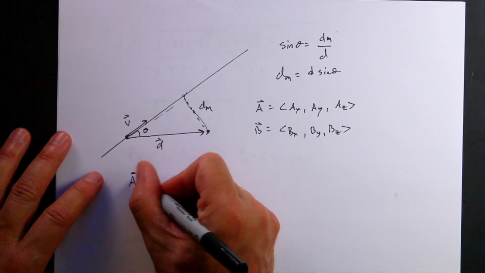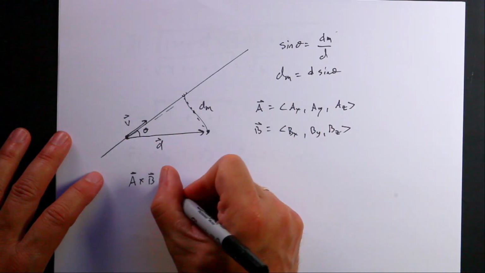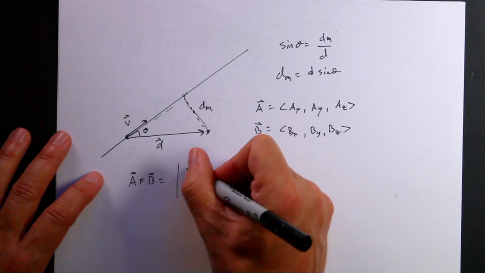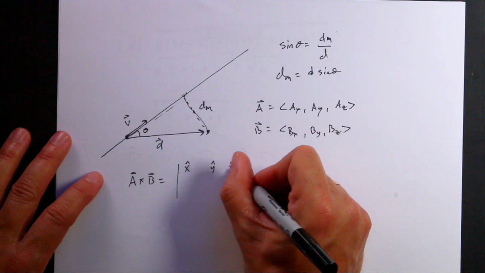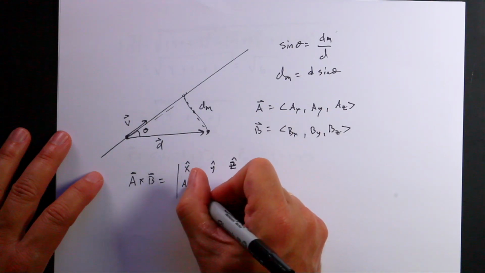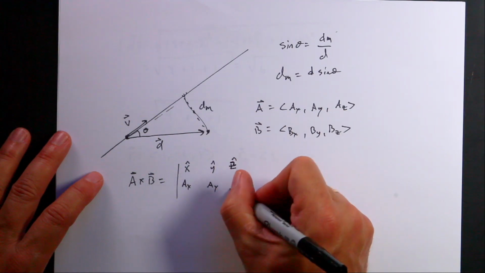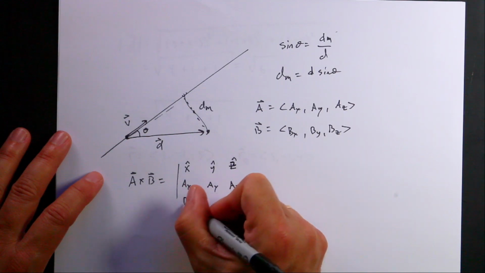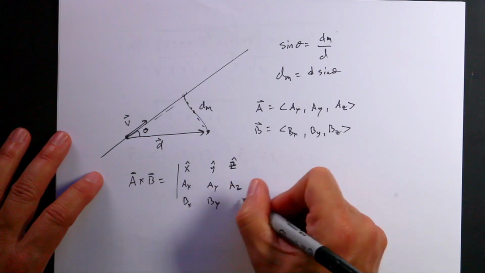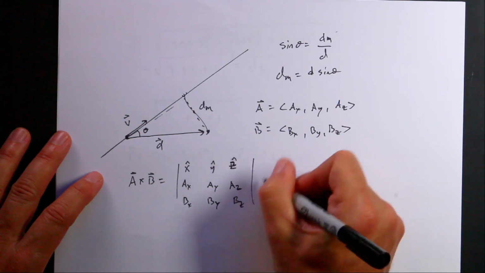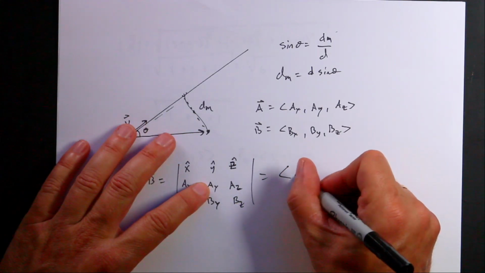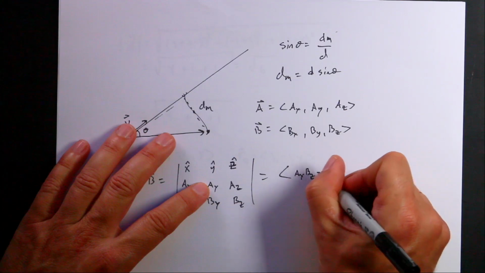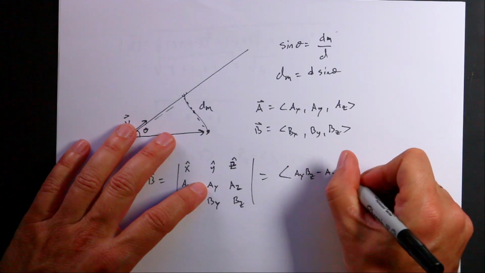I can say A cross B is the resultant of the following determinant: x hat, y hat, z hat, then ax, ay, az, and bx, by, bz. This gives me the vector, which is going to be kind of messy. The x hat component is ay bz minus az by.